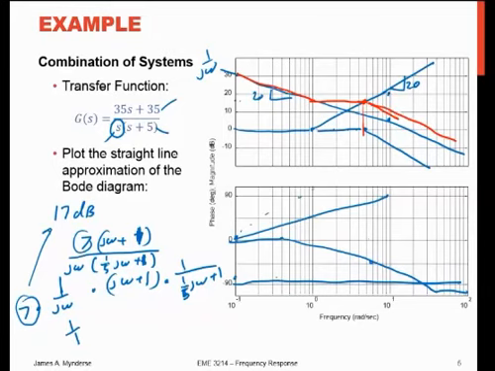So it looks something like that. And in the phase, we start here at minus 90, and this goes like that. So we'll start at minus 90, we'll start rising up in parallel till we get to this point.